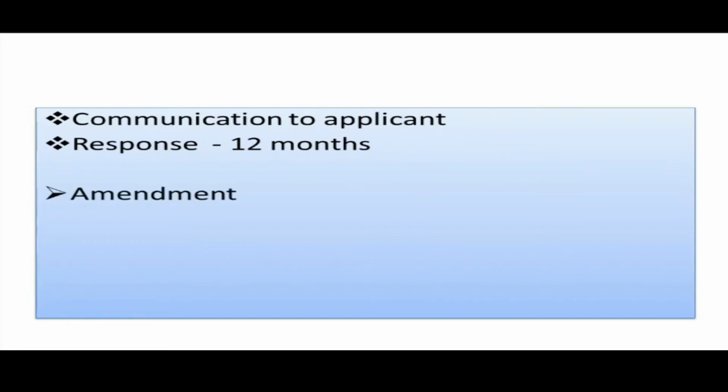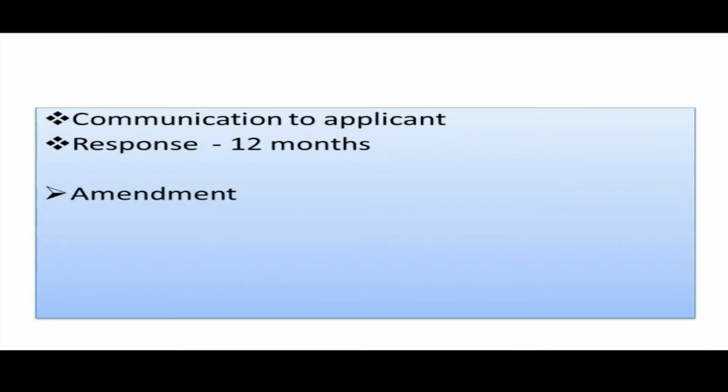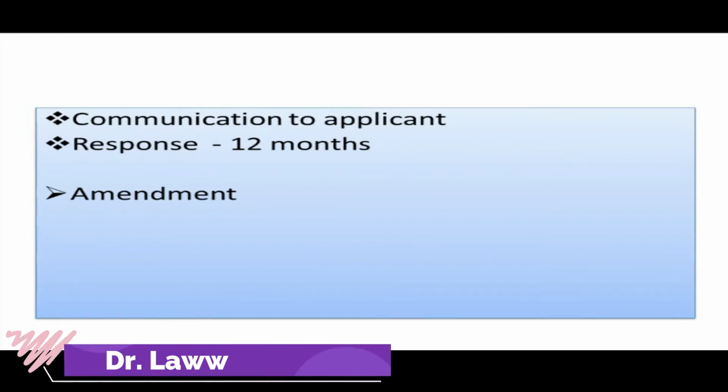Then we have an opportunity to amend the patent application. Amend in the sense you can remove certain portions of your patent application if that portion is already known to the world. It can be amended, or certain things can be added, or certain things can be substituted, but the substantial nature of the invention cannot be changed.